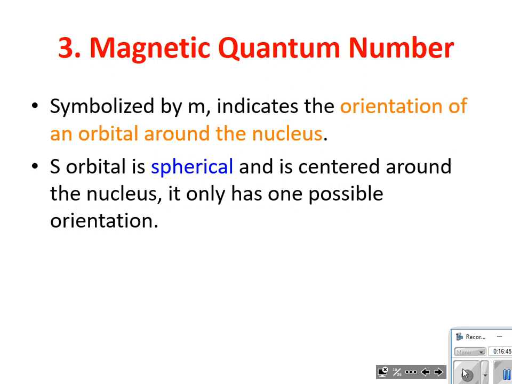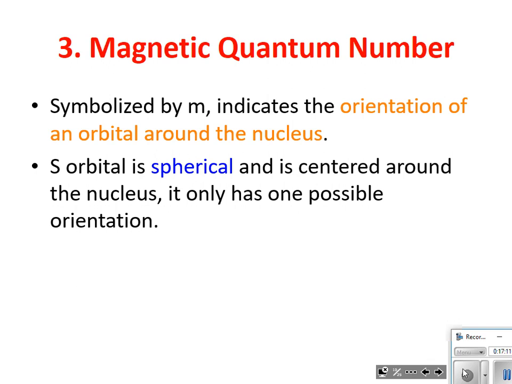The magnetic quantum number, the third of our quantum numbers, is symbolized by the letter m. It indicates the orientation of an orbital around the nucleus. We stated that the angular momentum quantum number, the shape of the orbital, was the second quantum number.